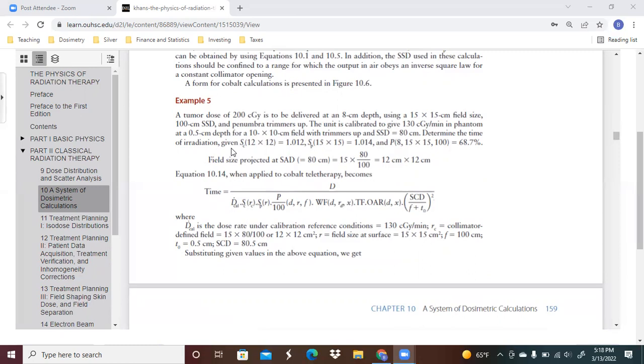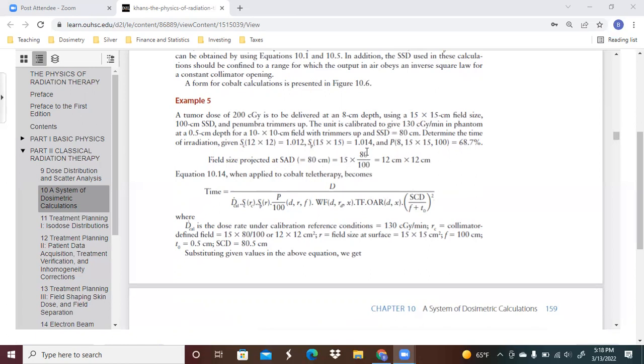So we're going to go through the same exercise here of a field size projected at SAD, which is 80 cm, is going to be 15, which is the 15 by 15 field size, which again, we're going to scale to get what it would be at calibration.